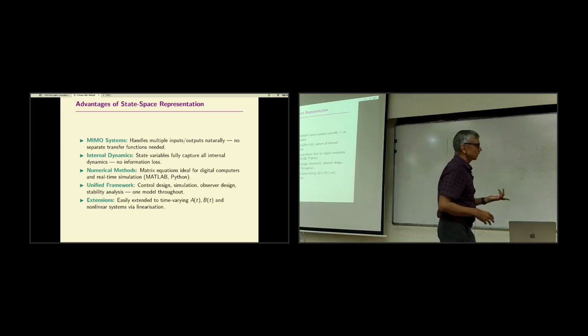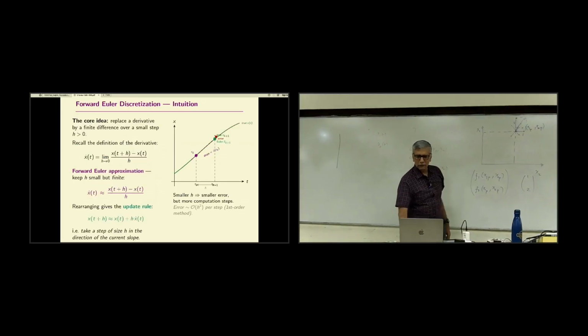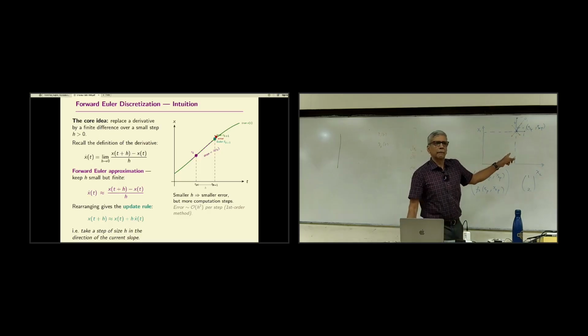All that you do is, that's what this is. It approximates the derivative. The derivative is actually given like this, but it approximates the derivative by saying that you have a small interval of time, you go like this, x(t+h) minus x(t), divided by h, and therefore x at t plus h is this approximately. Is that clear? Right?